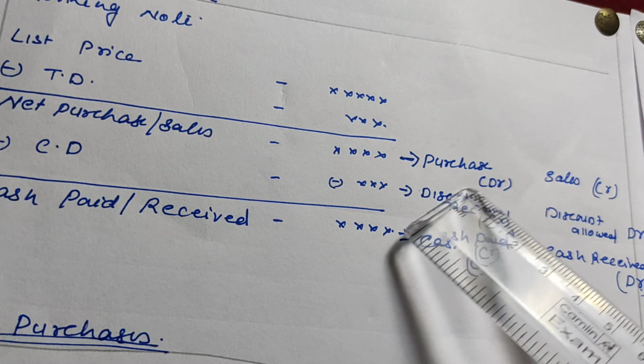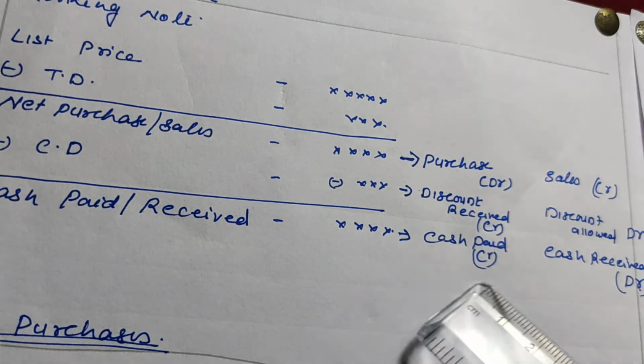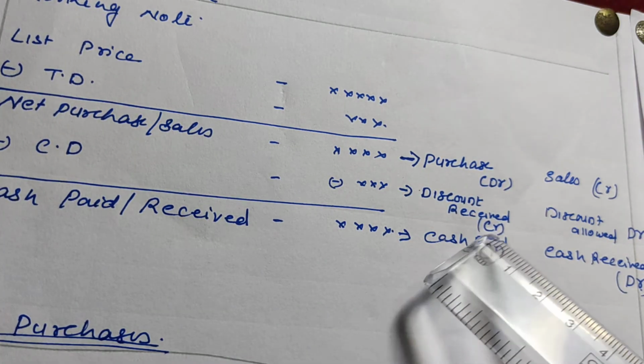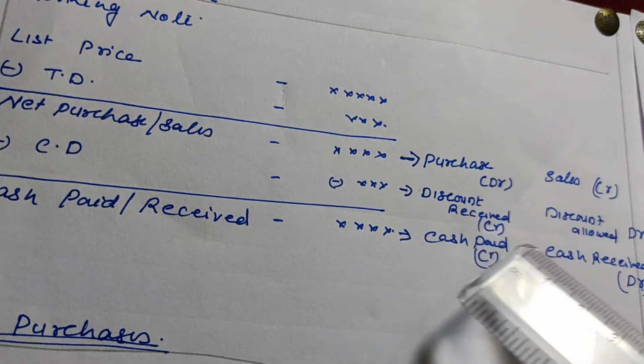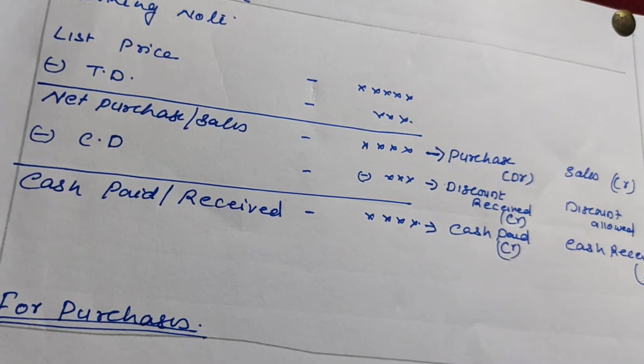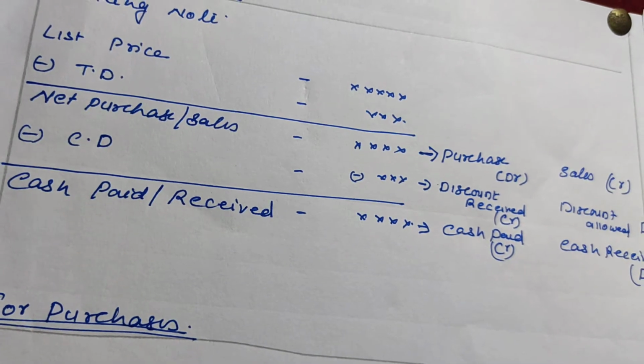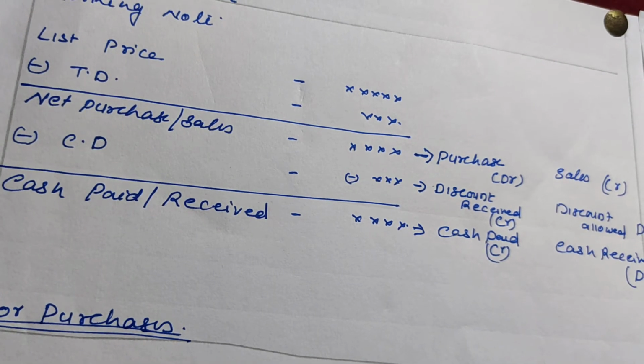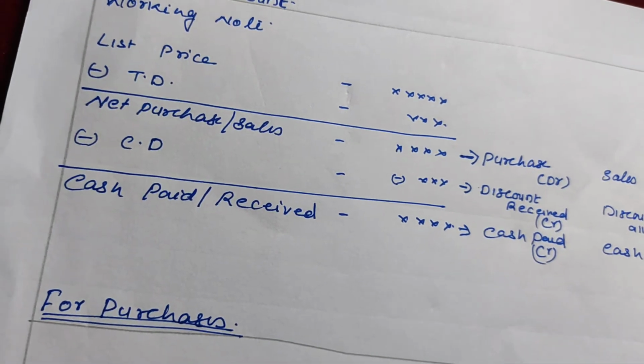So income is credited, and cash is going out, so cash will be credited. So when it is purchases and we are receiving the cash discount, our journal entry will be purchases account debit to cash account to discount account.